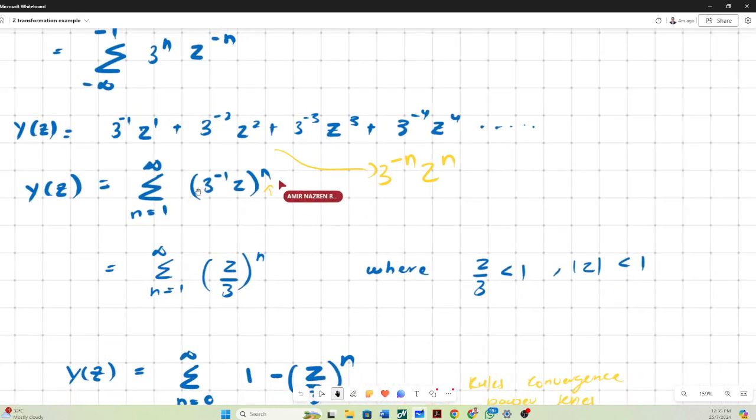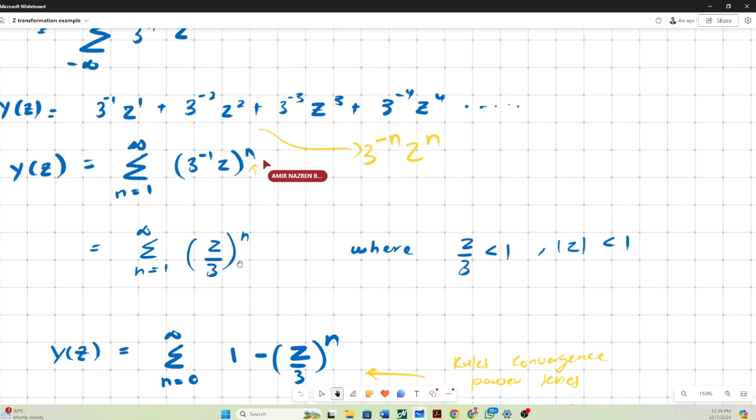So we can say that 3^(-1) times z, we can say that z divided by 3, to the power of n. The minus 1 here we can describe as a division, so z over 3.